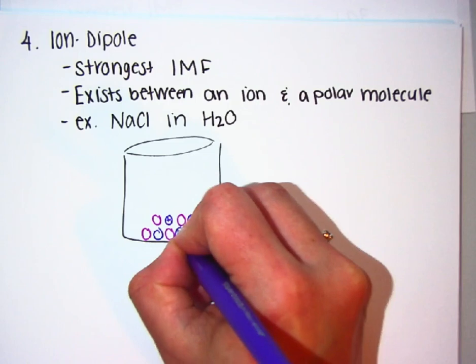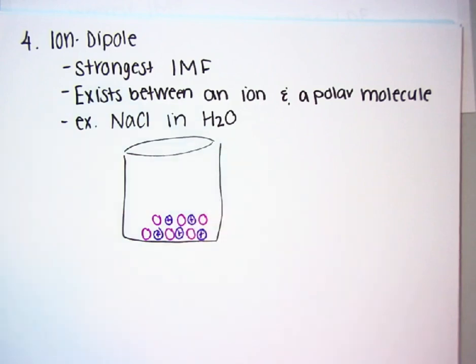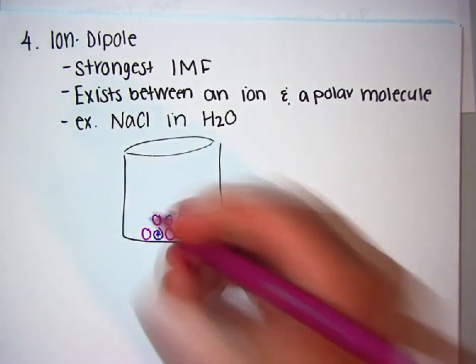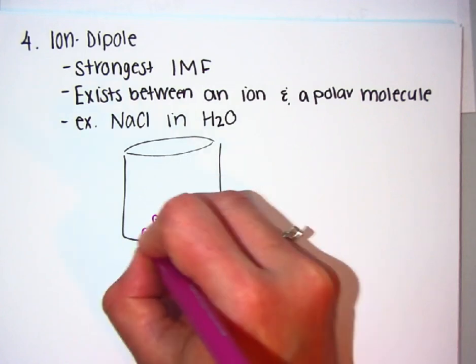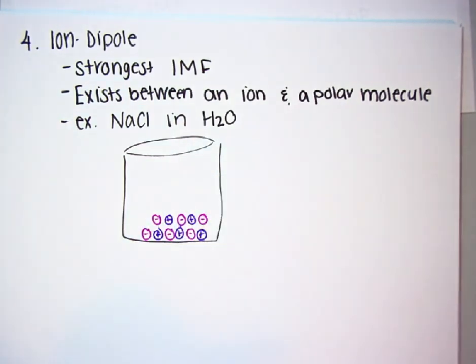Let's say purple is sodium. Sodium is positively charged. Pink is chlorine, or my chloride ions, those are negatively charged.